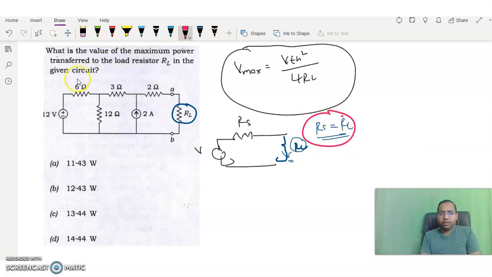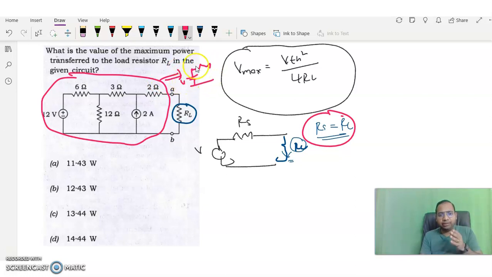So whatever this part is, apart from the RL, I am converting this entire part into one voltage source and one resistance, which is nothing but VTH and RTH, and then I will connect the load here, RL. Now if RTH and RL are equal, only then the maximum power will be delivered.